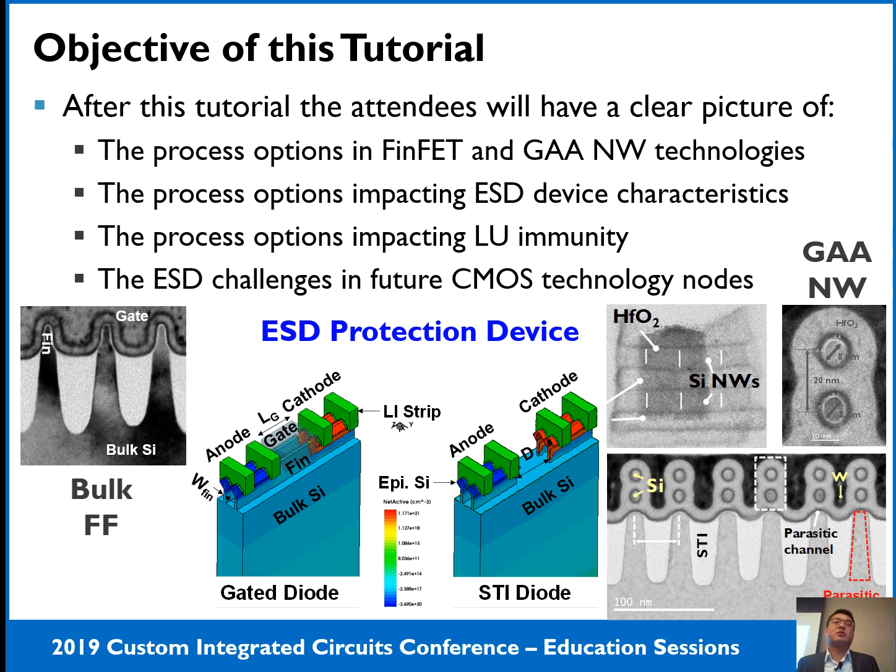After this tutorial, I hope that you will have a clear picture of this process option in FinFET or gate-all-around technology and how this process option impacts ESD diode performance or also the electrical immunity. But more important, we will look at the ESD challenge in future CMOS technology node, which might be this gate-all-around narrow wire or narrow sheet in sub-7 nanometer node. Okay.